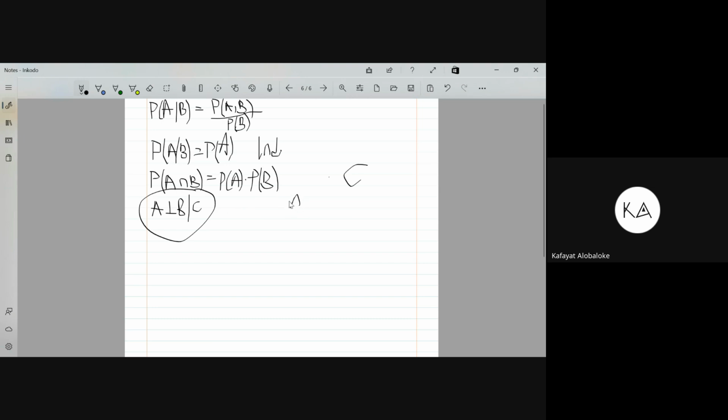Say I have a network of event A, event B, and we are conditioning these two events on C. Remember, this is an example of a directed graph, which we have discussed in the previous classes.